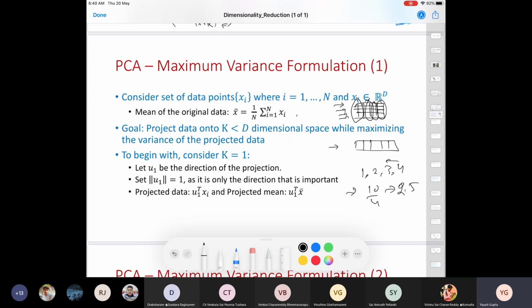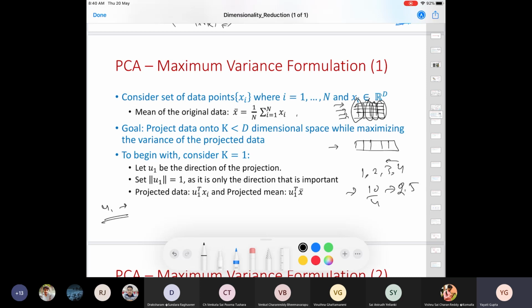What we have to do is subtract the mean from each of the individual entities. And then we are going to figure out what this u1 is. As I told you, u1 is trying to maximize the variance in the projected space. u1 is our dimension in which we are trying to ensure that the data projected onto this dimension has its variance maximized.